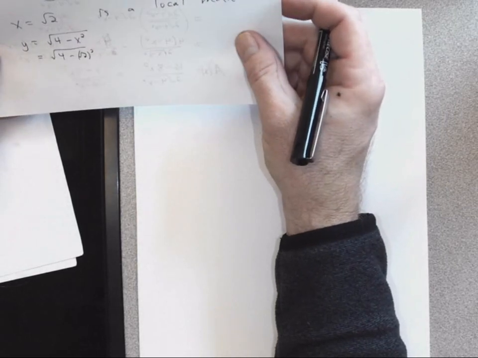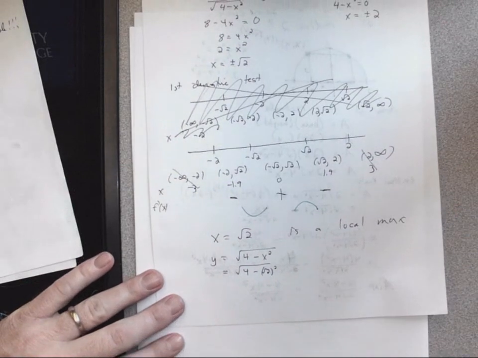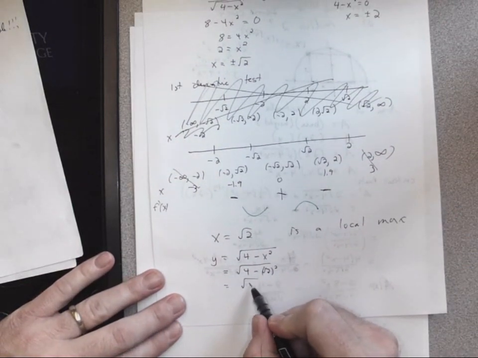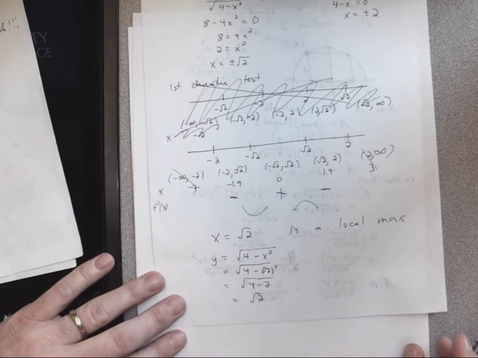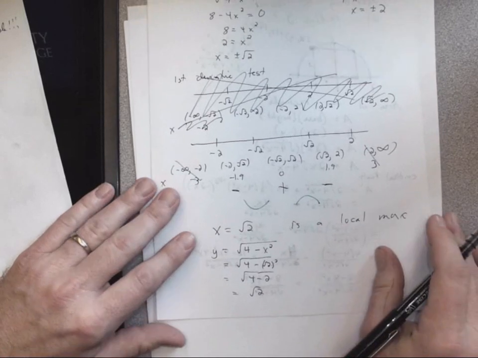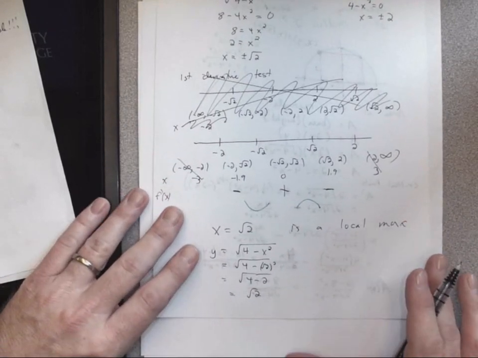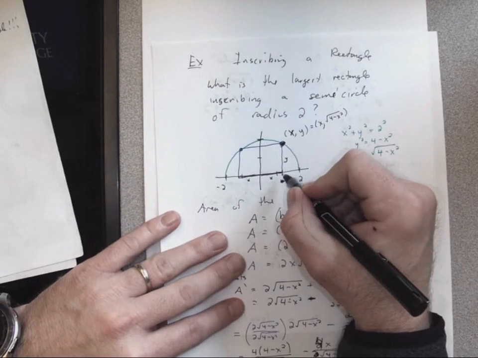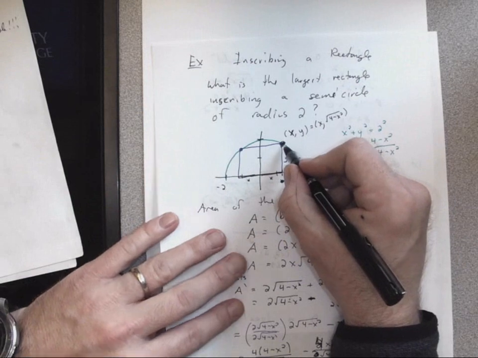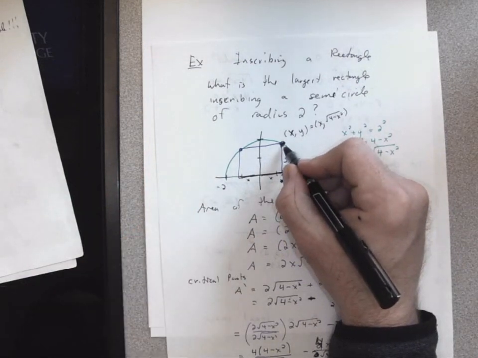That's not true. Nope, thank goodness. This is going to be equal to the square root of 4 minus 2, which is also root 2. Cool. So the coordinates of this point right here are over root 2, up root 2. So this is root 2, comma root 2.